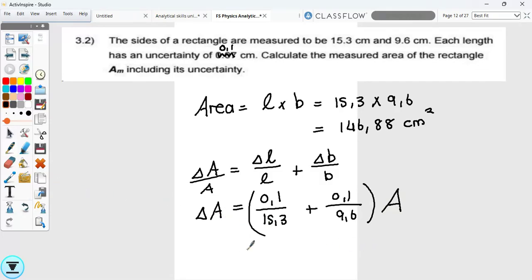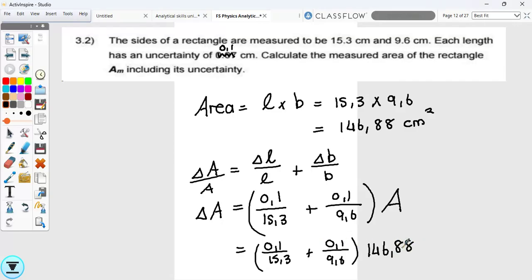So you're going to then multiply the fractional uncertainties, which is 0,1 over, I'm just going to write it again, plus 0,1 over 9,6. You could have written it here already. I just want you to see when you're checking your work for the exam or for the test that we're hopefully going to write this term, that you are going to multiply by the 146,88.